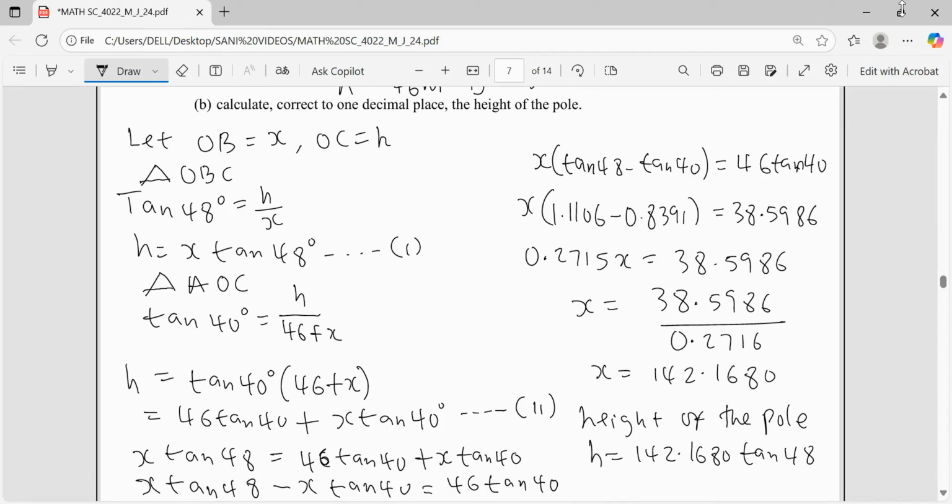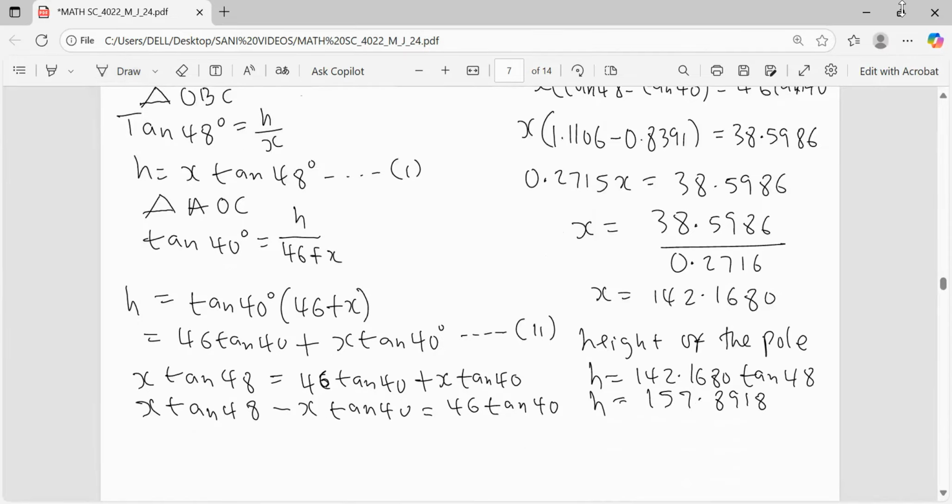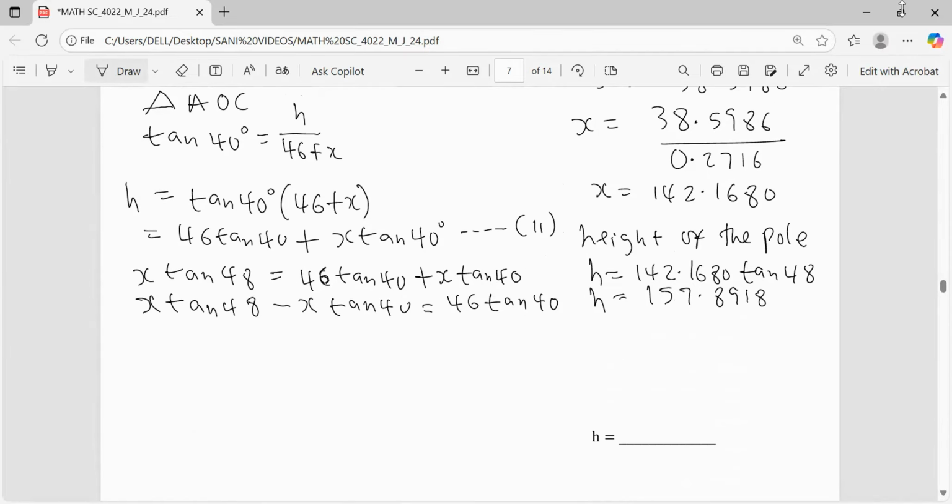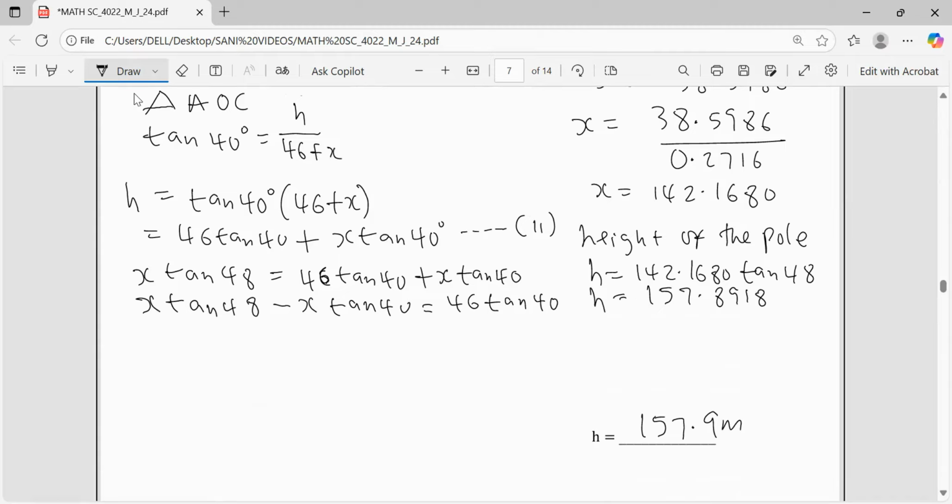So therefore, our h equals 157.8918. The question asks us to approximate to one decimal place. That is 157.9 meters to one decimal place.